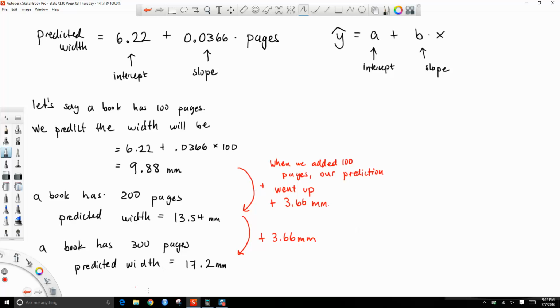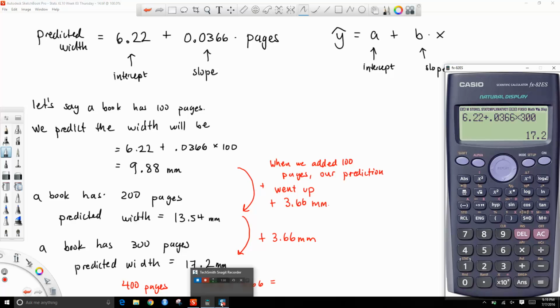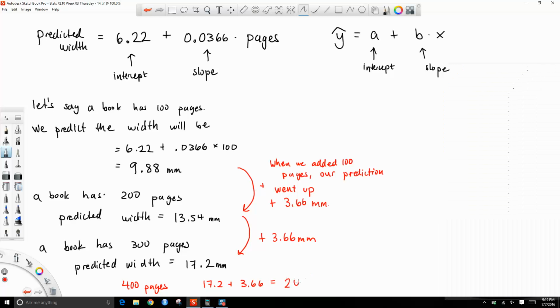Okay, so if I said we have 400 pages, I can get that by adding 17.2 plus 3.66, and we would get 20.86 millimeters, right? Everyone's good with this? Okay.